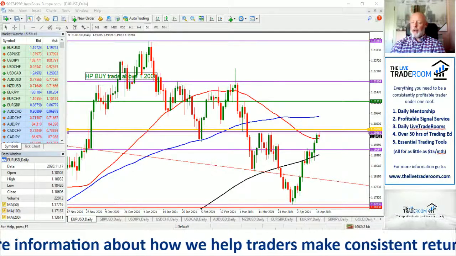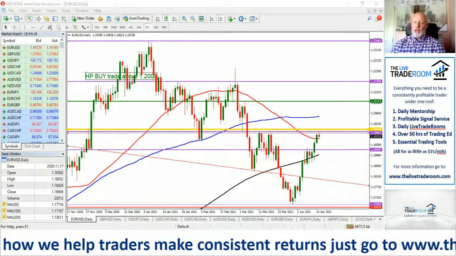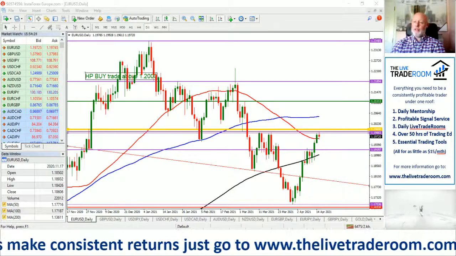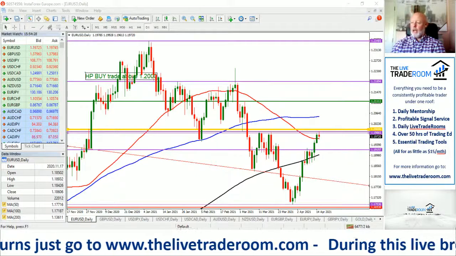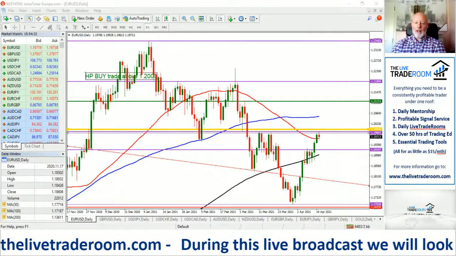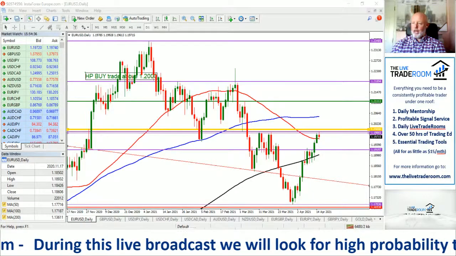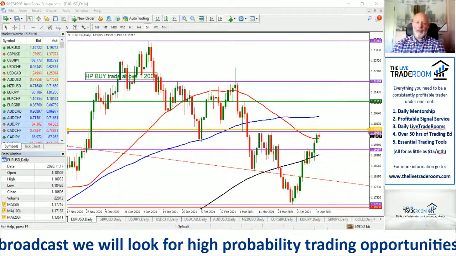For us, whether we take a series of winning trades or losing trades, it's just about looking for that next high probability trade. And we don't get excited if we make loads of cash. We don't get too down if we take 4 or 5 back-to-back losing trades. It's part and parcel of trading these markets, and we kind of view it as a business rather than as a hobby.